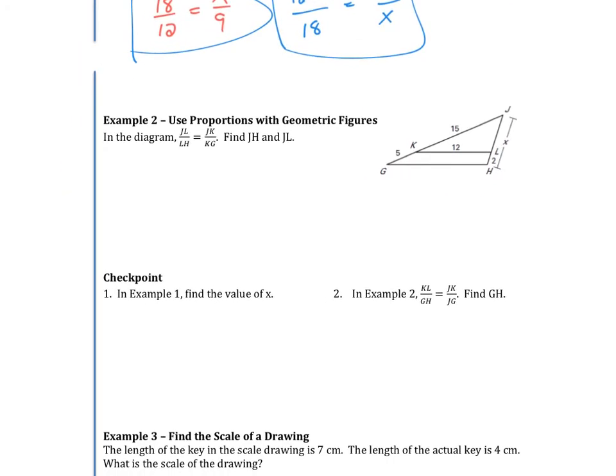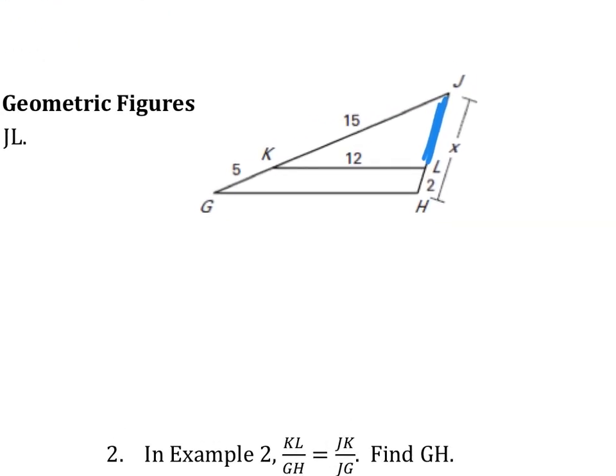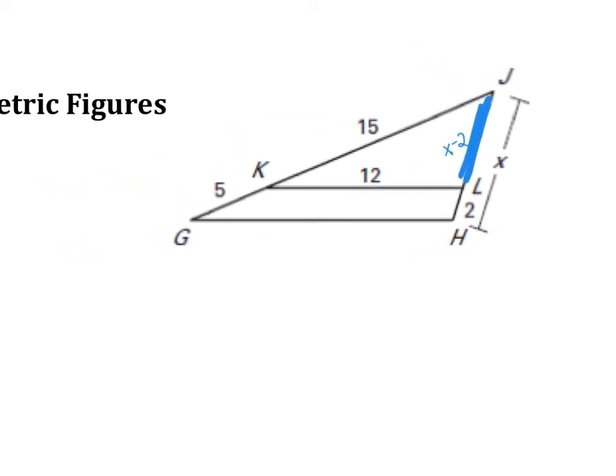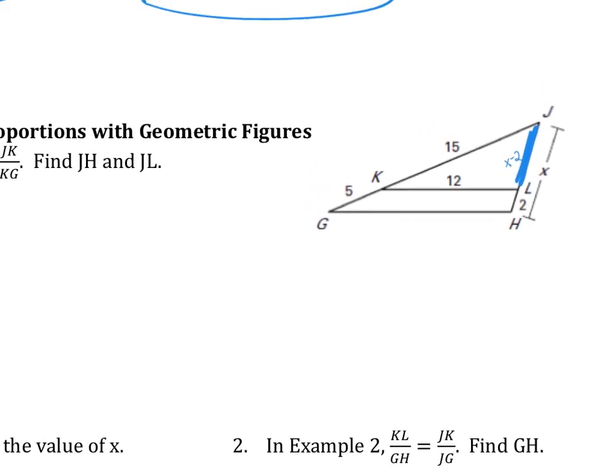Example 2, use the proportions with geometric figures. In the diagram, JL over LH equals JK over KG. Find JH and JL. So JL is this part right here. So if the whole thing is X, that blue part is going to be X minus 2. Okay, so JL is X minus 2.